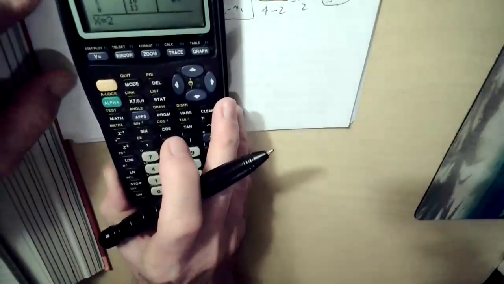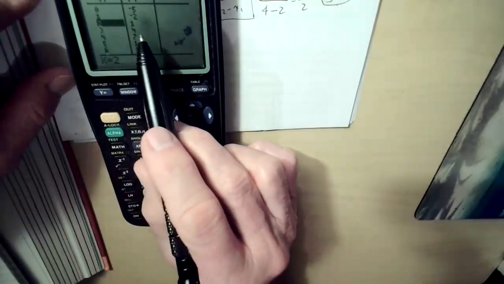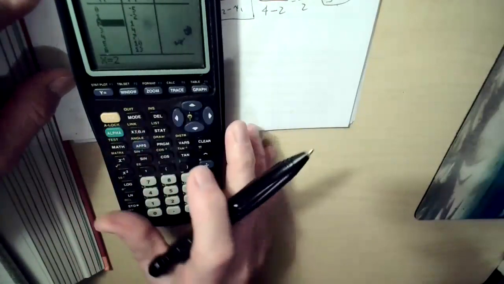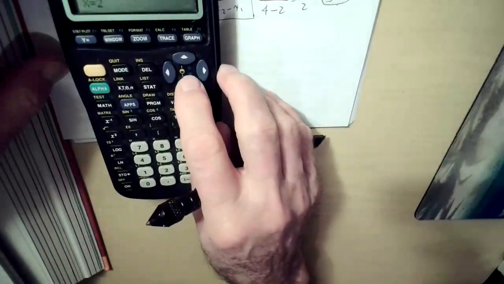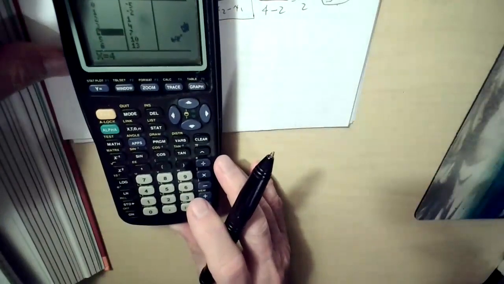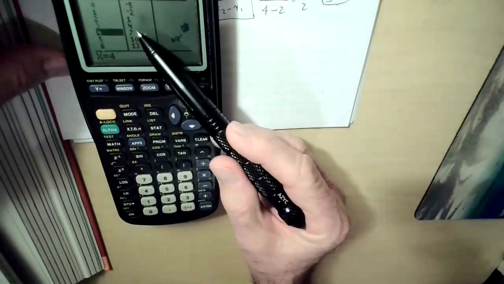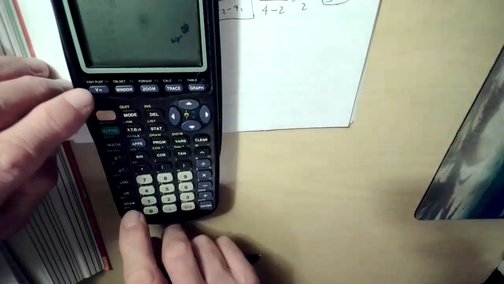You can also go to the table and look there. When x is 2, y is 1. So yeah, we're right. And when x is 4, y is 7.